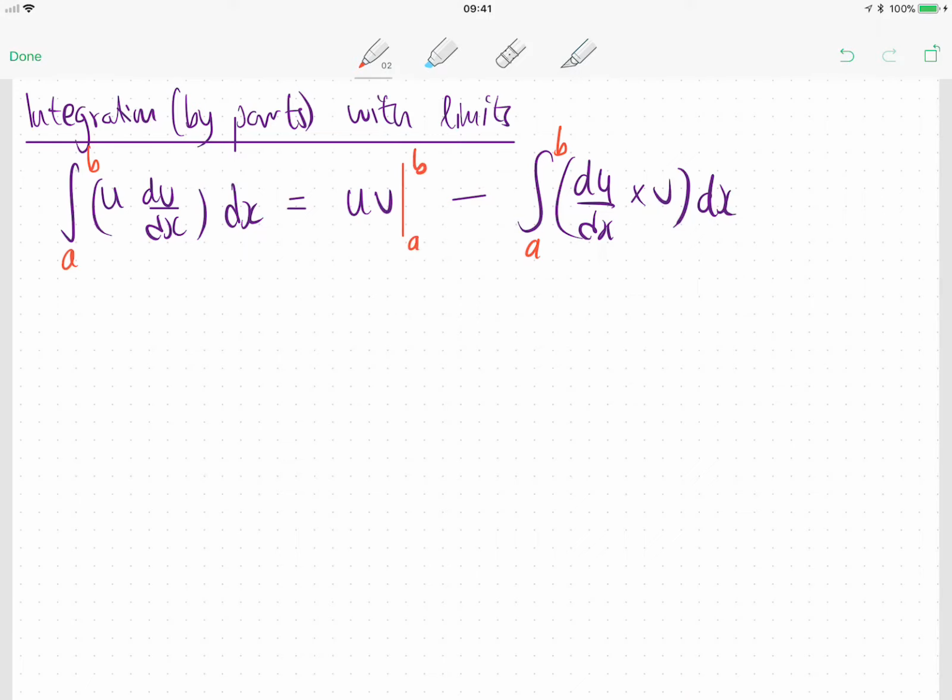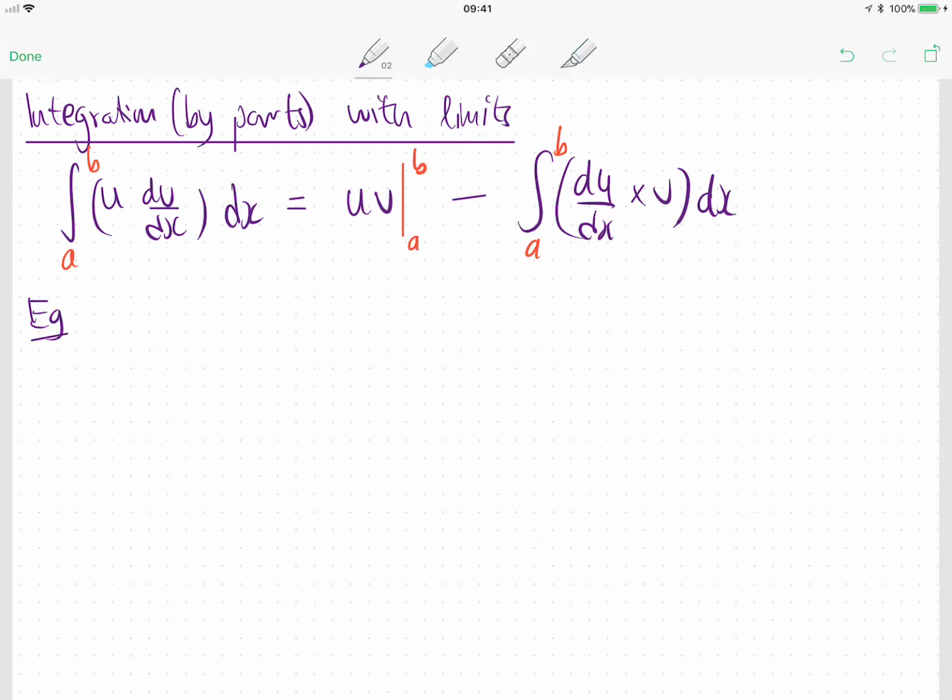People just typically write a vertical line and put a, b, and then it's understood as evaluate between a and b. So put b in, put a in, and then subtract them. This is the way that people, scientists, typically solve these problems.